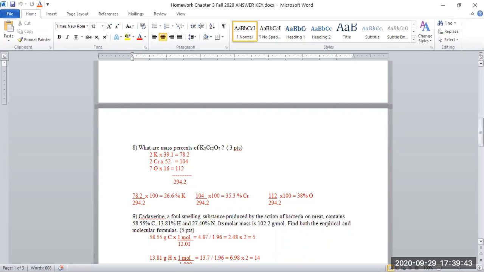And my total molar mass was 294. So each time I'm putting the mass of all of the atoms of that element on the top, divide, multiply by 100 so that it's not a decimal, so that it gets turned into a percentage. And that will give you 26-ish for the potassium, about 35-ish for your chromium, and 38% for your oxygen.